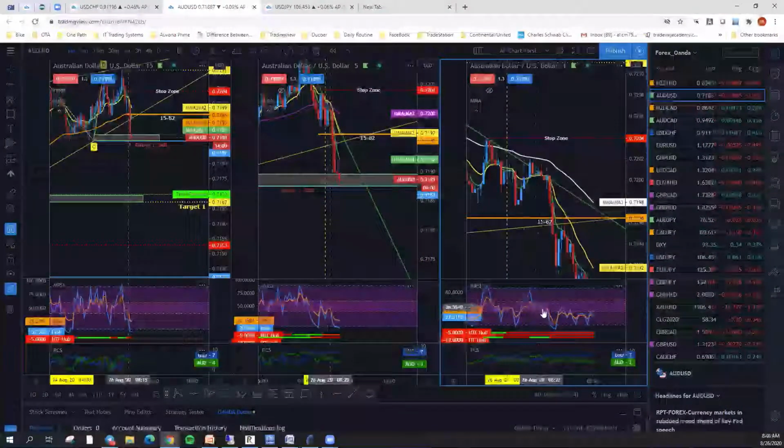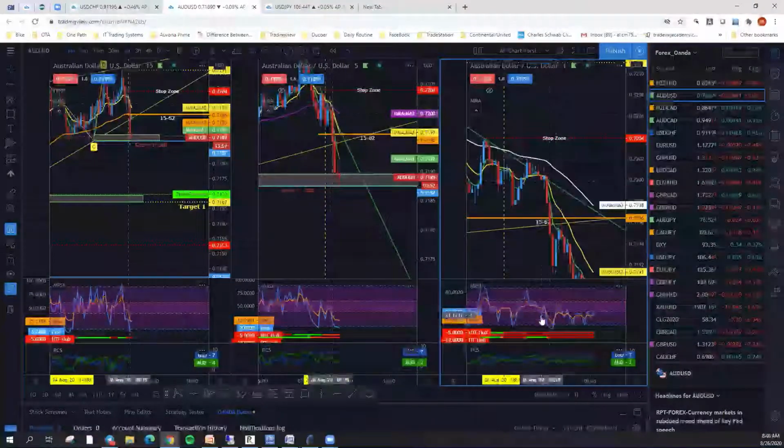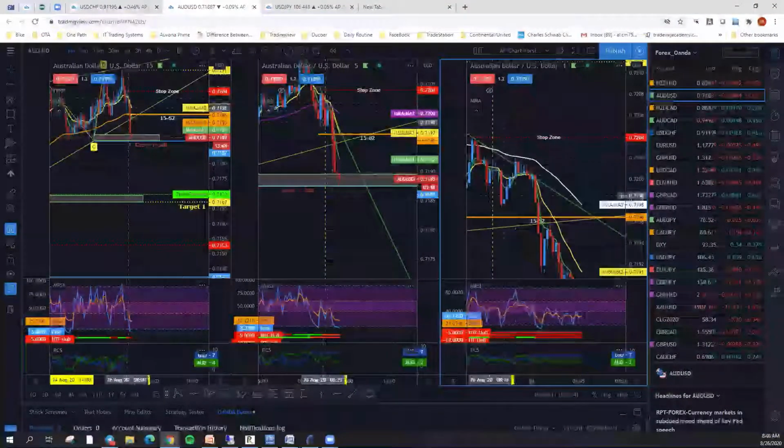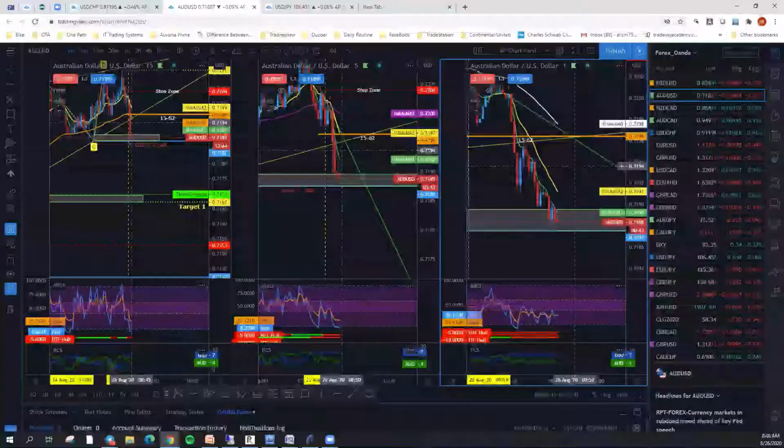These are still kind of in the middle. You may want to have that hook first, and then a secondary hook to get in. In this case, it never really gave you a reason to get in because the moving averages are all in the wrong direction. Does that make sense?